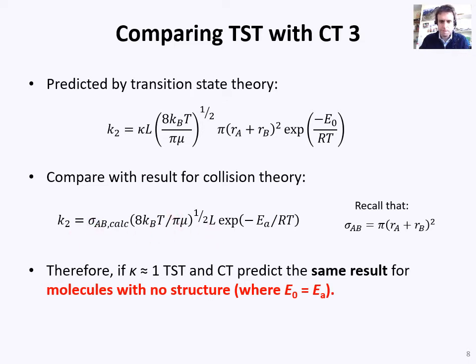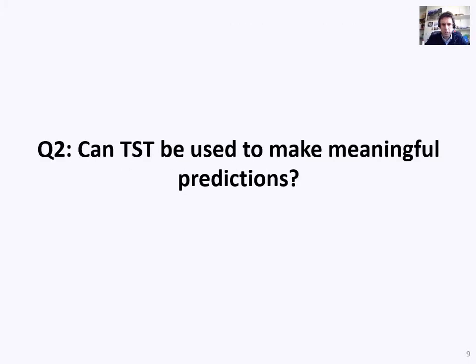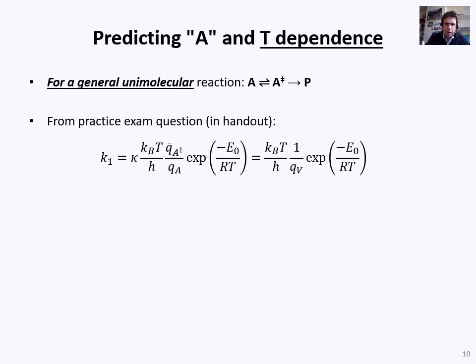Okay, so moving on, we need to ask the question, can we use transition state theory to make any meaningful predictions? Here we're talking about predictions, for example, about the pre-exponential factor in particular, but also temperature dependence. So if we go back to the general unimolecular reaction like this, we actually did the practical question about 3 minutes ago, where we used some specific species.